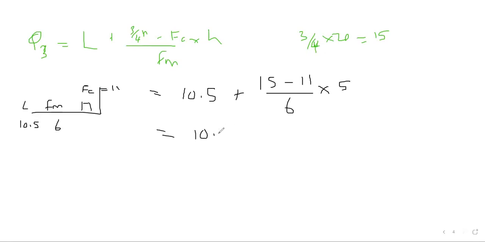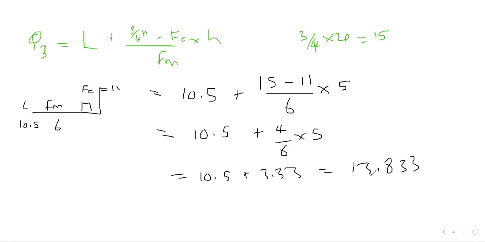So this will be 10.5 plus 4 over 6 times 5. So this is giving us 20 over 6, which is 3.33. So 10.5 plus 3.33, which is 13.833. So this is how we get our Q3.